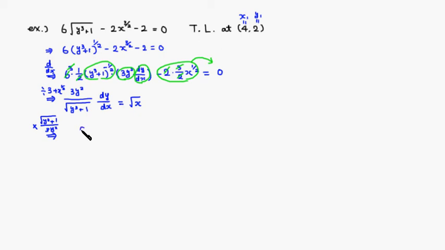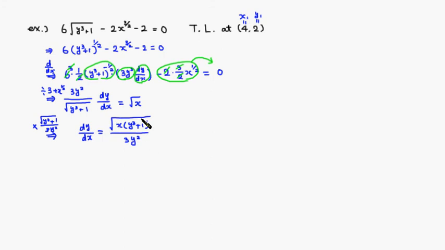So dy over dx is equal to the square root of x times the square root of y cubed plus 1, which is the square root of x times y cubed plus 1, all over 3y squared. That's the derivative that we're looking for.